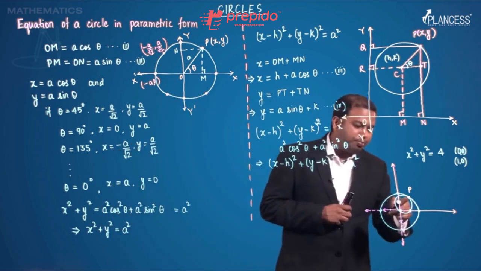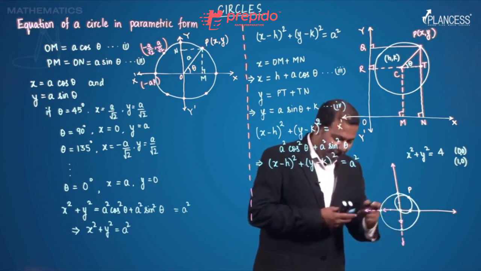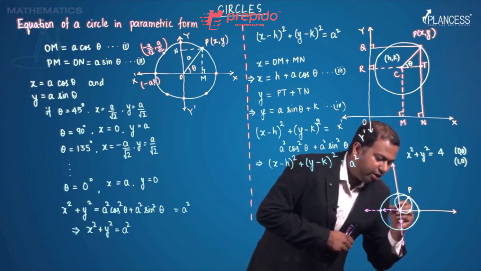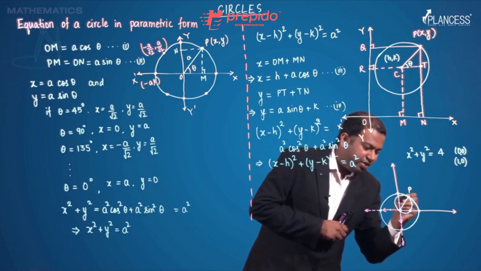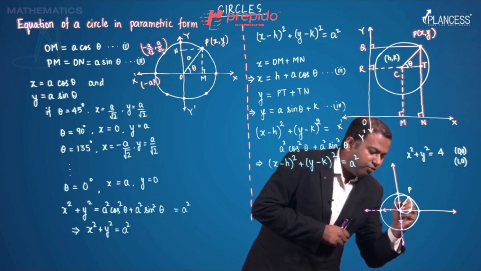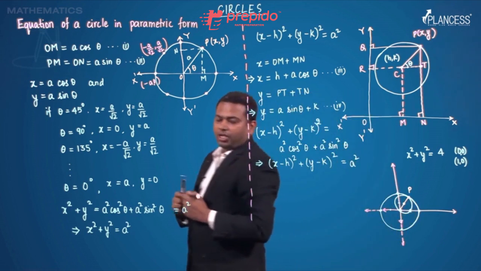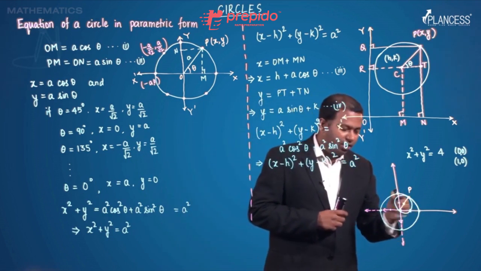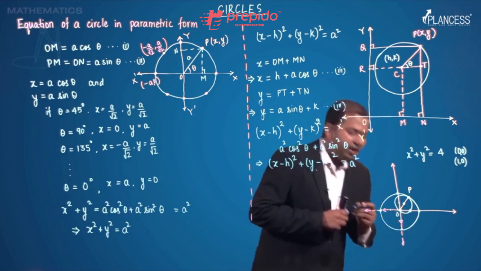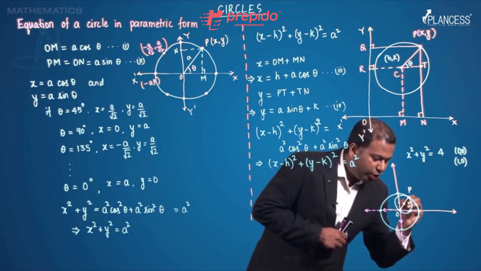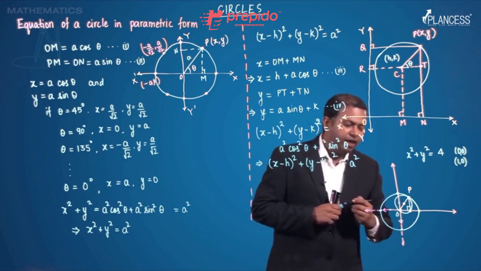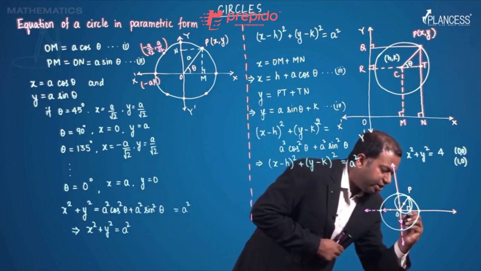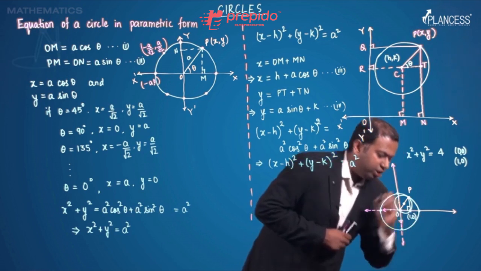Now clearly, since P is the point of contact, if we join the center of this bigger circle and the point P, we can very well say that the center of the smaller circle will lie on this particular line. What next? The next thing is, if this line, which is let us say OP, is the diameter, then it is going to subtend an angle of 90 degree on the circumference, and the point which we have taken here on the x-axis will be the point on the circumference.